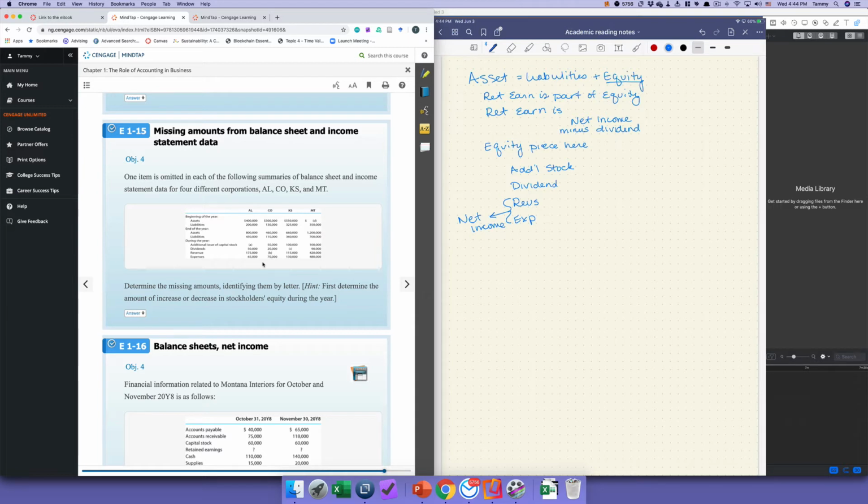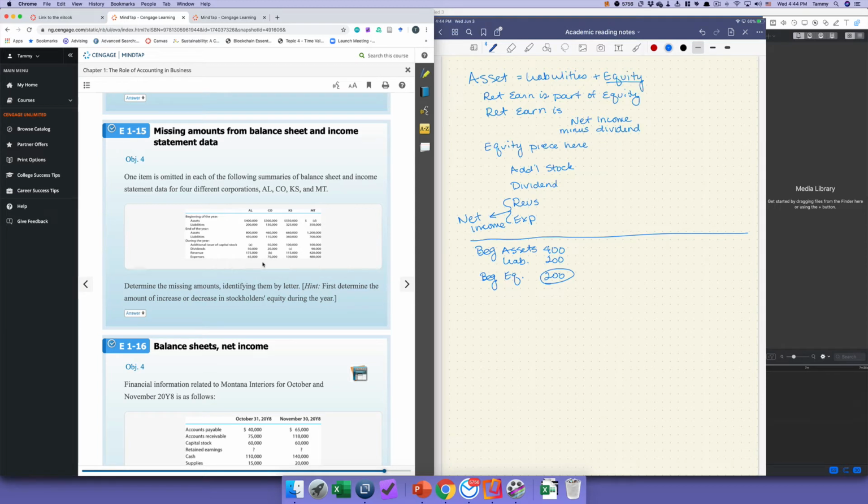Okay, so in the case of Alaska, we had beginning assets of 400 and beginning liabilities of 200. So that means our beginning equity had to be 200 because assets equals liabilities plus equity. Okay.